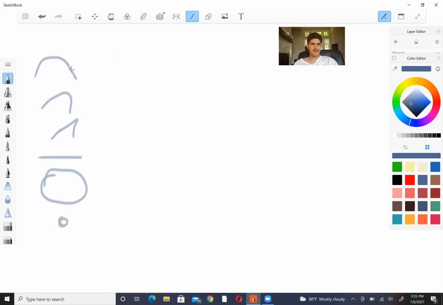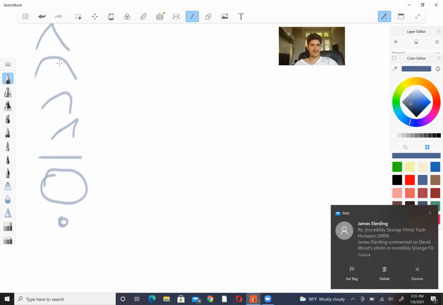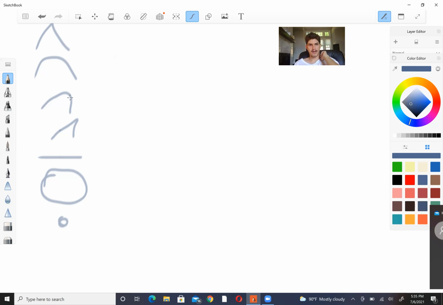So this is ah, which is a round middle of the mouth vowel. This is oh, and I forgot eh, which is a pointed middle of the mouth vowel. Ah is a rounded middle of the mouth vowel, A is a rounded back of the mouth vowel, and E is a pointed back of the mouth vowel.